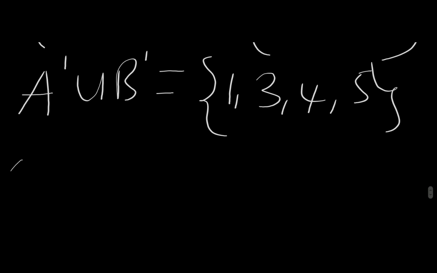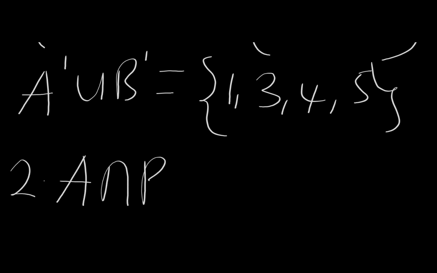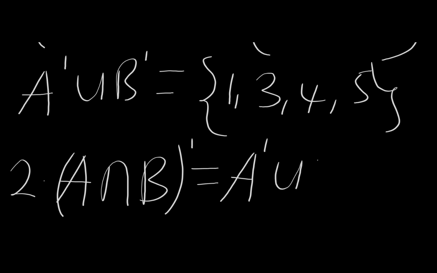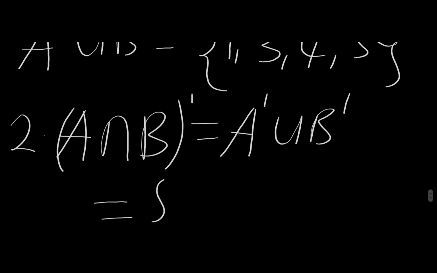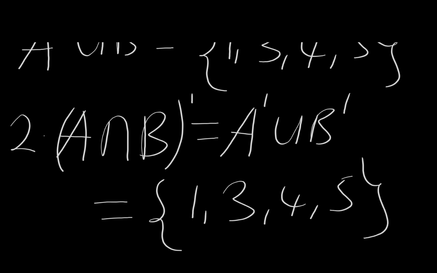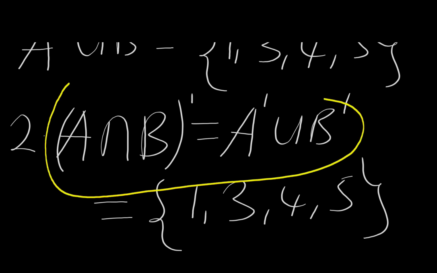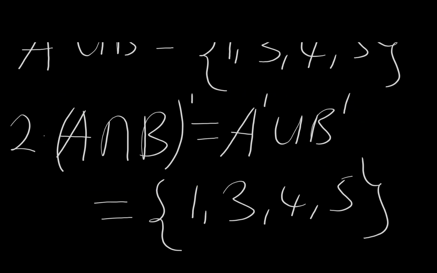Hence, (A intersection B) all prime is equal to A prime union B prime, which is equal to 1, 3, 4, and 5. Hence, the second law also holds. That is the De Morgan's law of intersection.